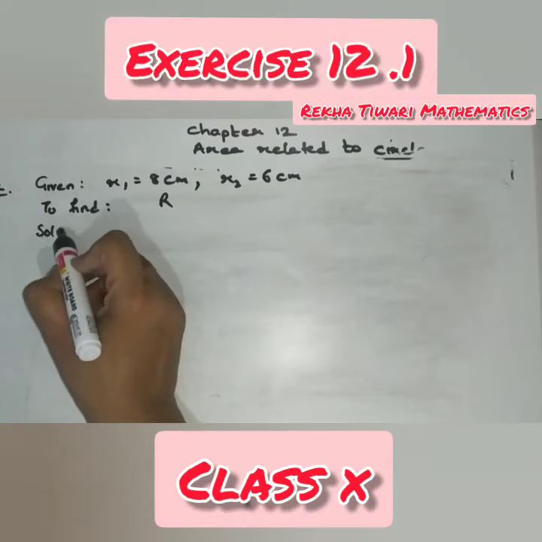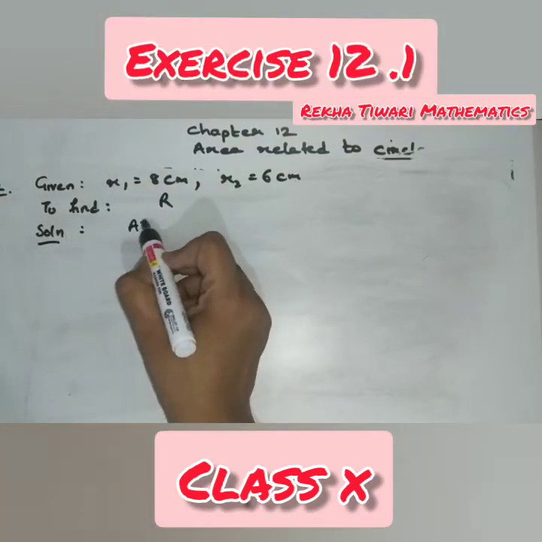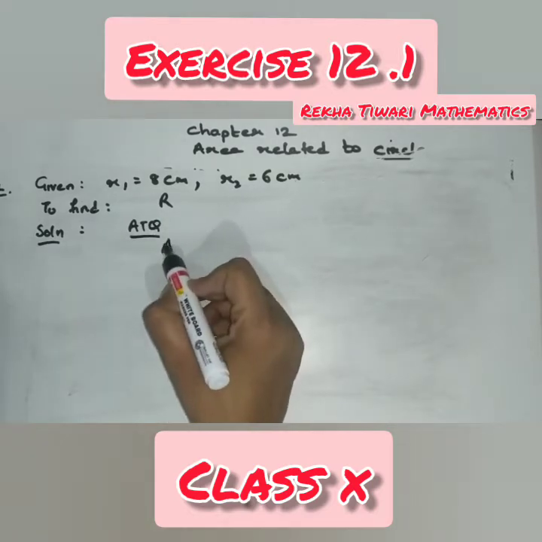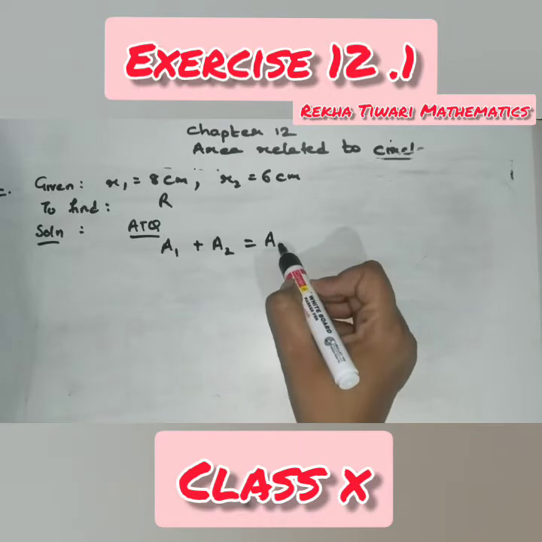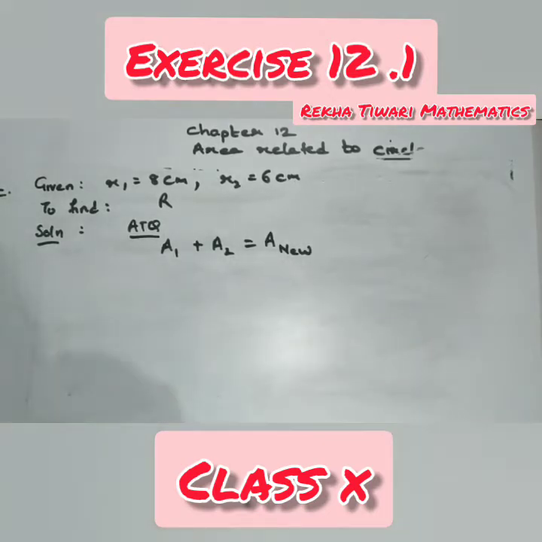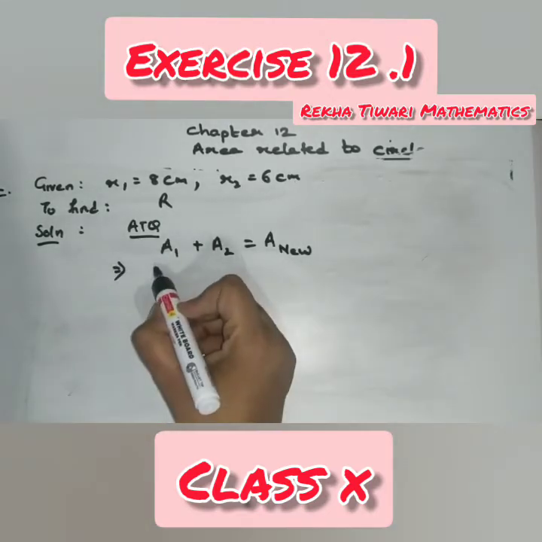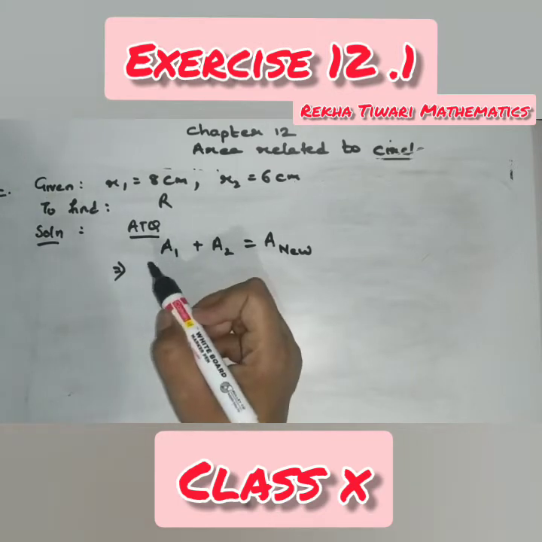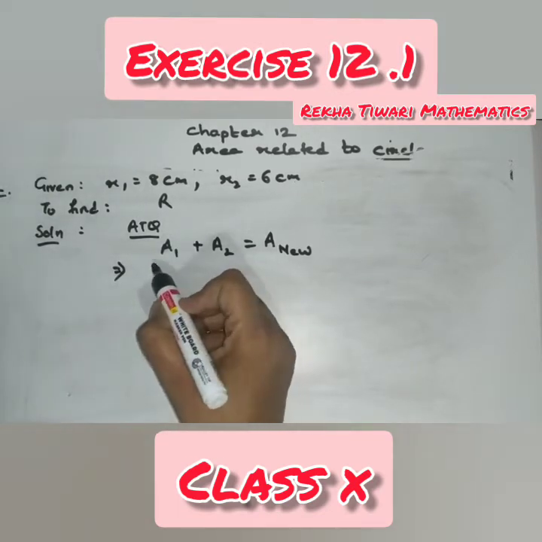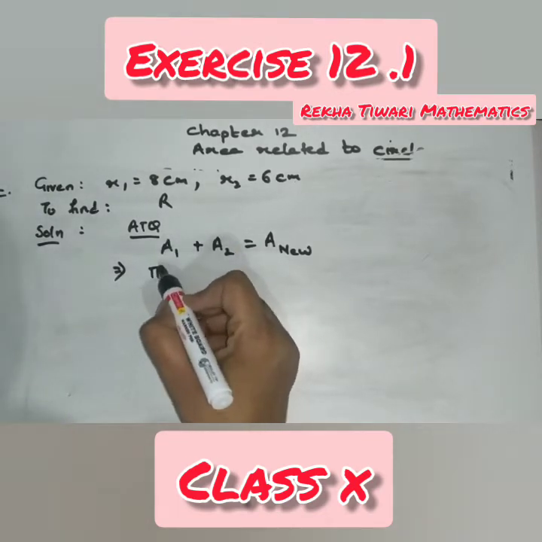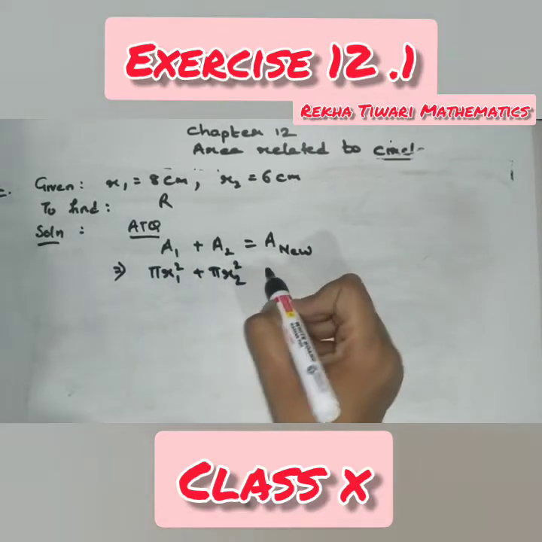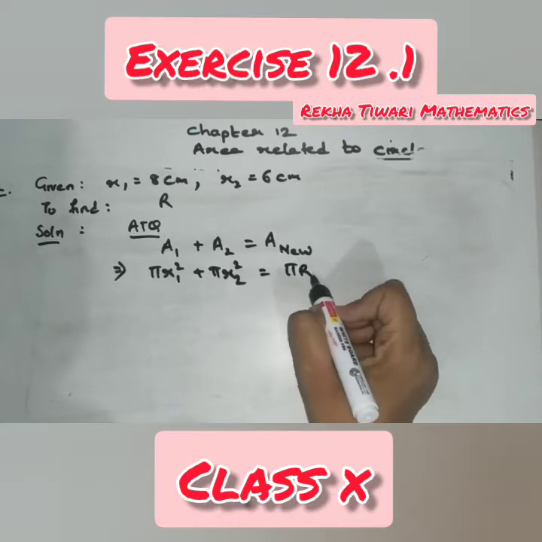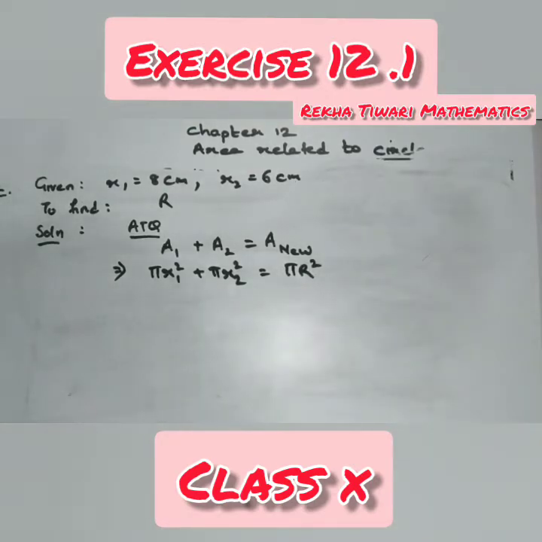Solution. What is given to you? According to question, area of first circle plus area of second circle is equal to area of new circle. Now before putting the value, you have to write down the formula. So this is pi r1 square plus pi r2 square equal to pi capital R square, because you know that the formula for area is pi r square.